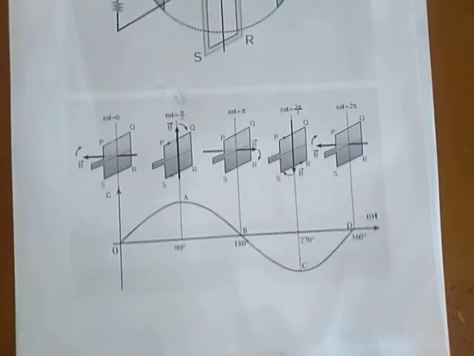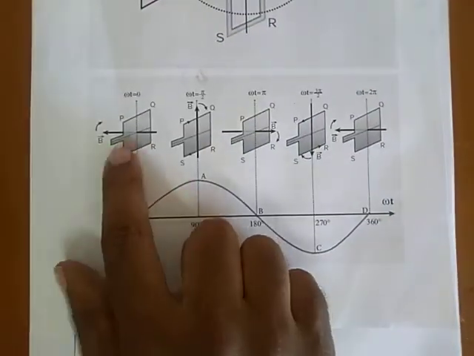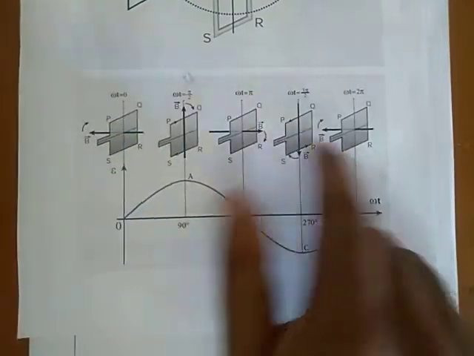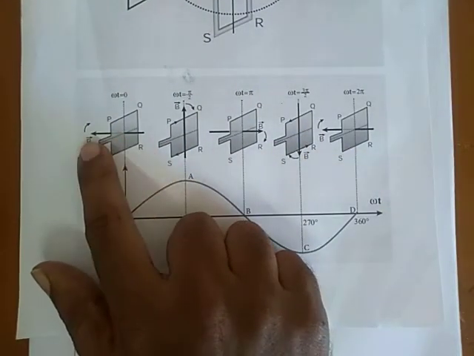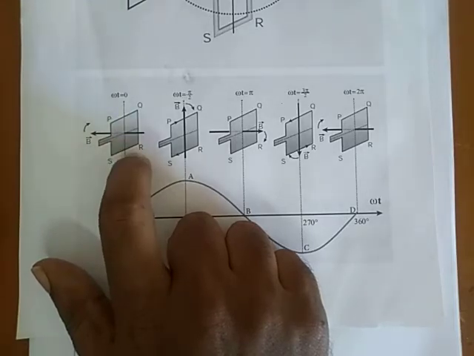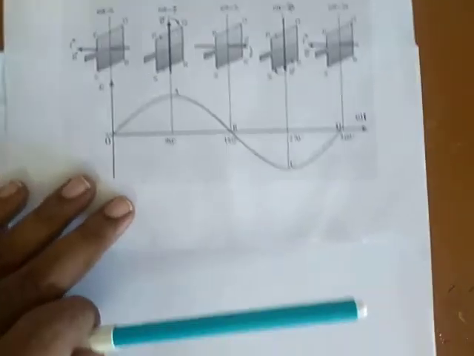Initially the coil will be at rest. Initially the magnetic field is horizontal with the coil.